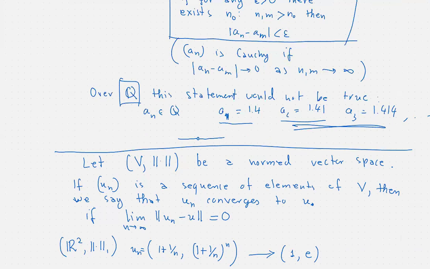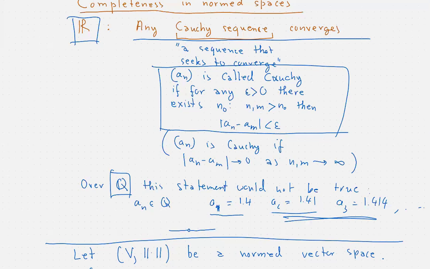And of course, anything you say about the absolute value can be rephrased in the context of vector spaces by replacing the absolute value with norm.